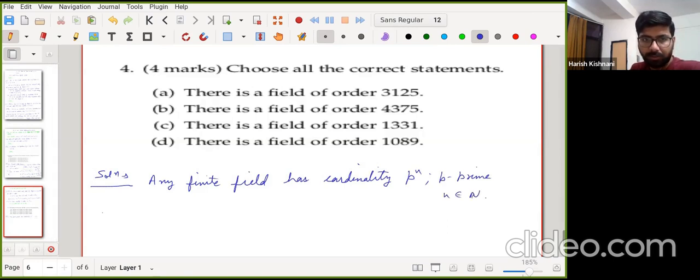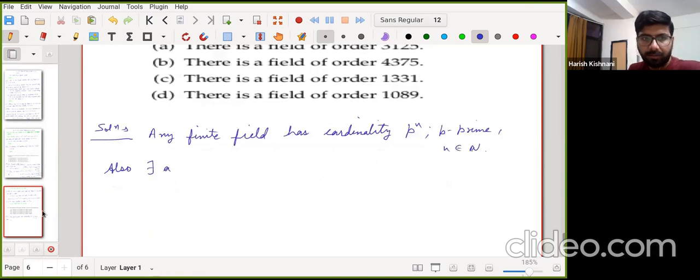Also, there exists a field of size p raised to n for each prime p and n in the natural numbers. So the converse is also true.